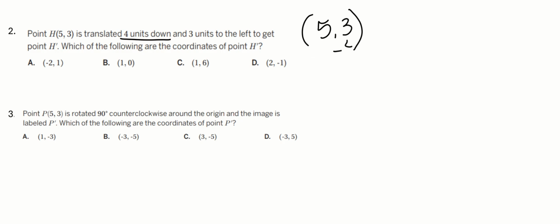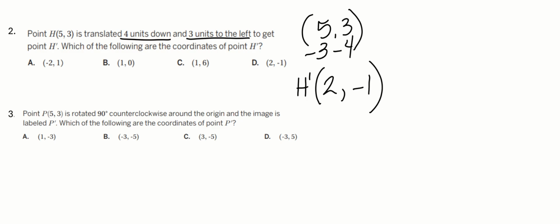It's on the Y. So I'm going to minus 4, and then 3 to the left is minus 3 here. And that would then tell me that H prime, so 5 minus 3 is 2, and 3 minus 4 is -1. That would tell me that's the answer.